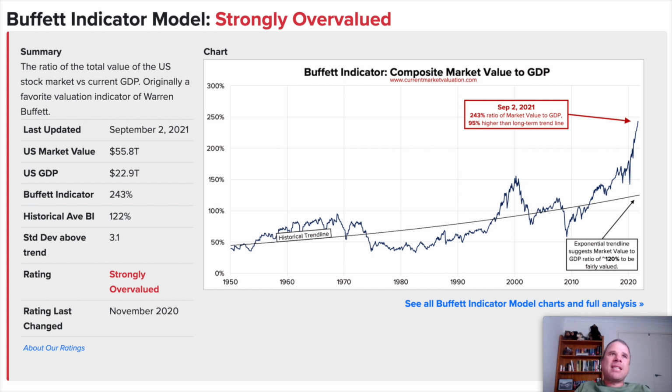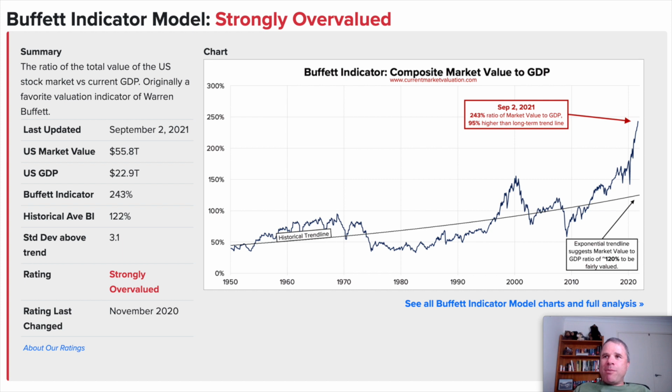So go to that to have a look at some of these models they use. And this is the Buffett indicator model, looking at the ratio of the total value of the US stock market versus current GDP. And we have never been higher. On the 2nd of September, the Buffett indicator model was at 243%. Technically we should be moving towards that historical trend line. So there's always this thought of mean reversion.